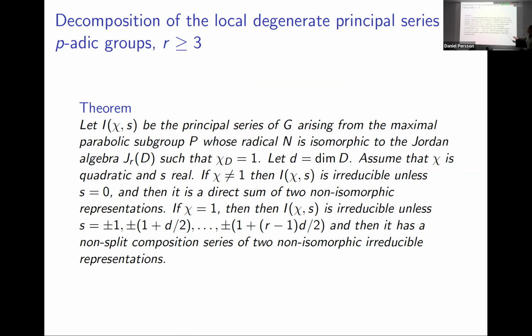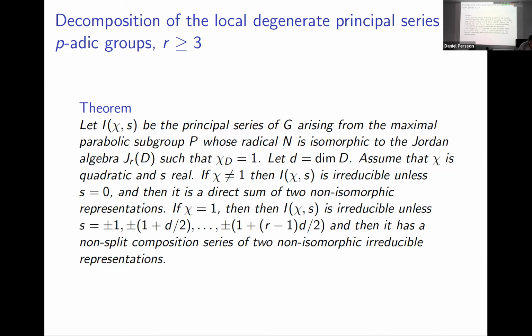But when you have a longer induction, you really have more points. And it happens that at all these points you really have reducibility, and this gives an estimate on the length of the representation.